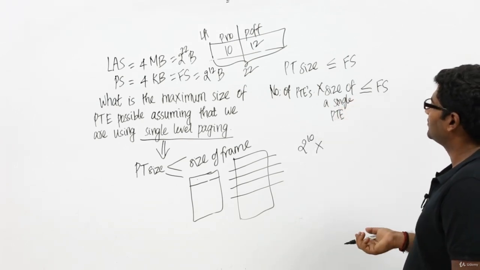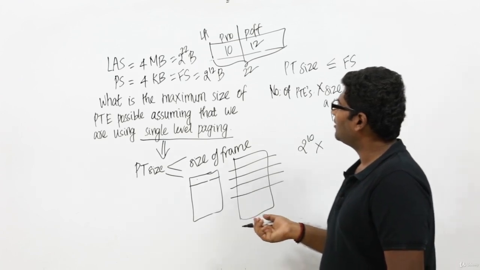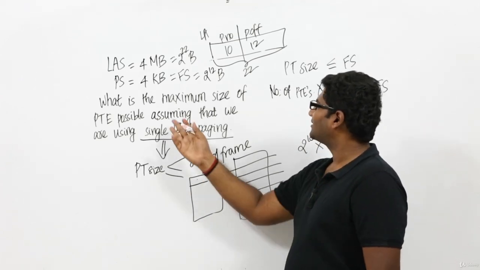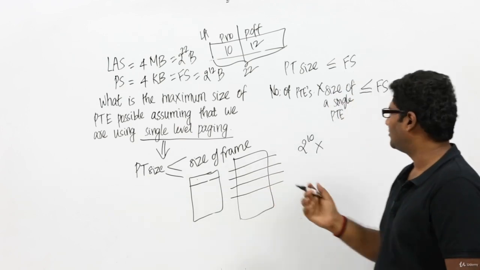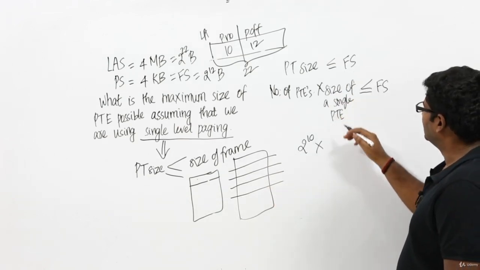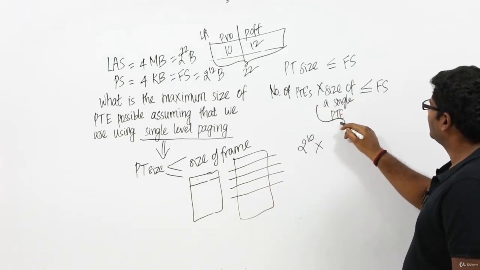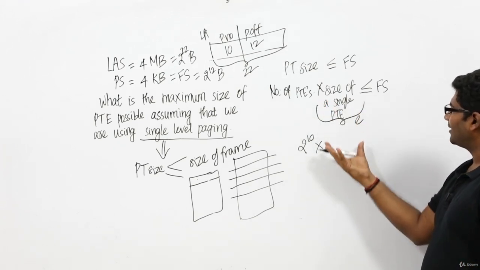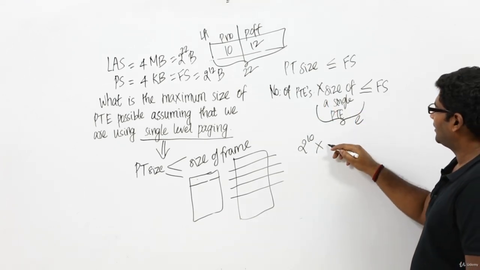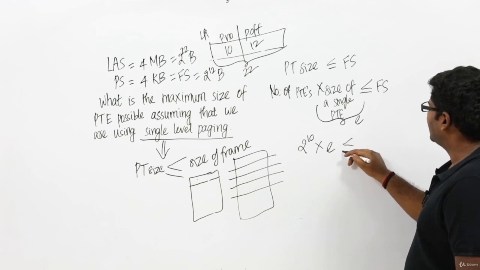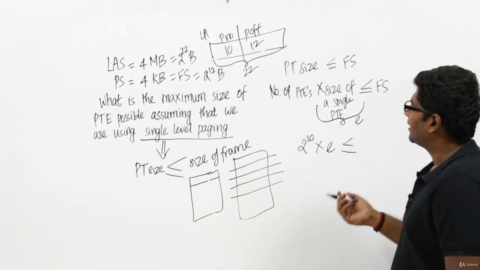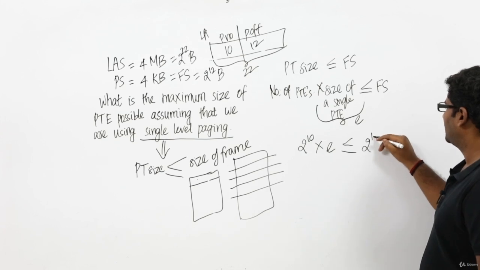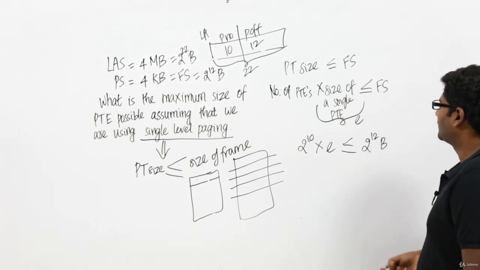Have they given this? They have not given it. That is what they are asking, right? They are asking what is the maximum size of a page table entry. So we don't know this. Let me name this as E, because I don't need to write it again and again. So E is less than or equal to the frame size. They have given the frame size as 2 power 12 bytes.